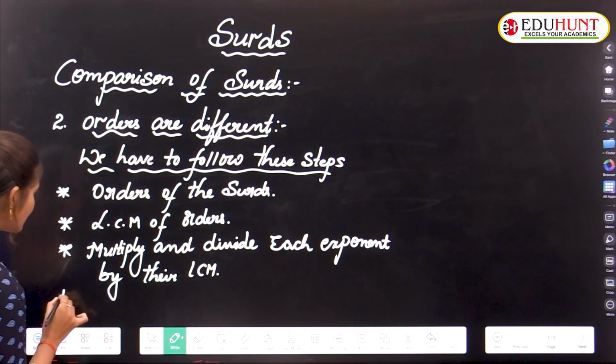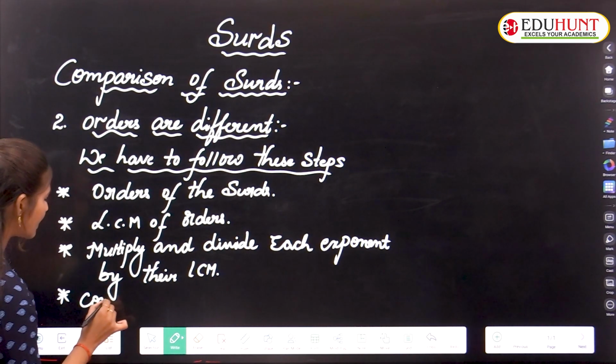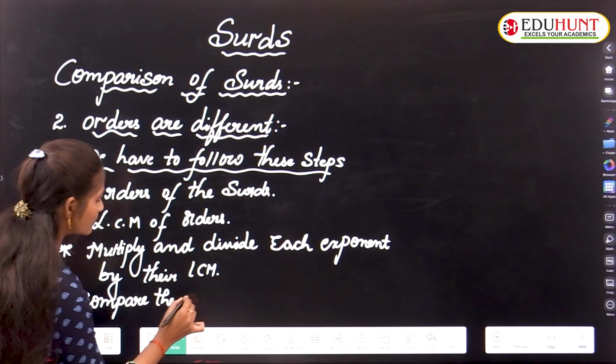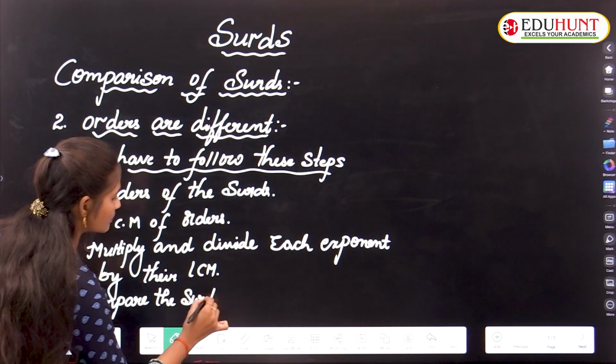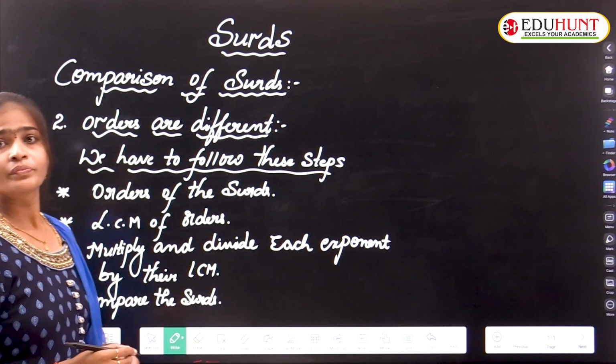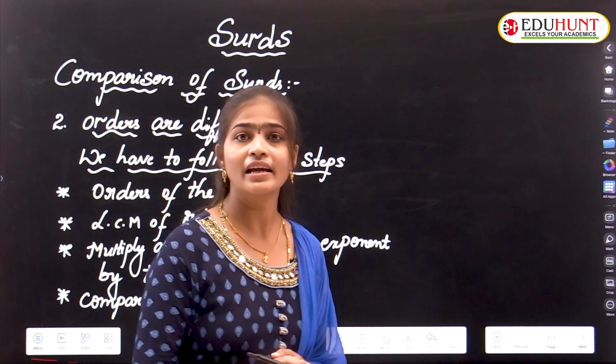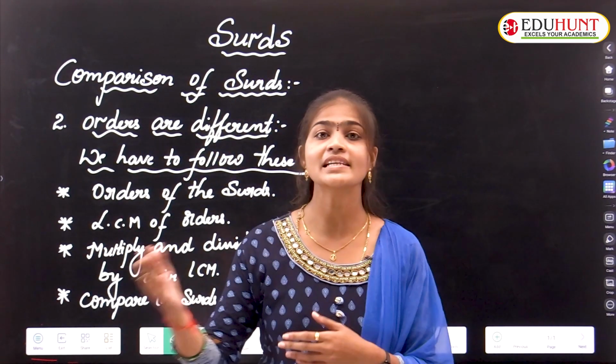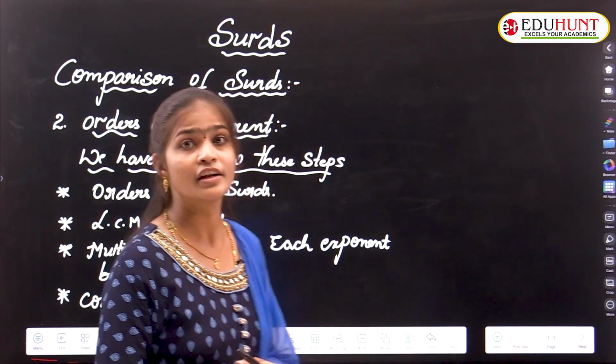The last one is to compare the surds. So if the orders are different, we have to follow these 4 steps to find which one is greater and which one is smaller.